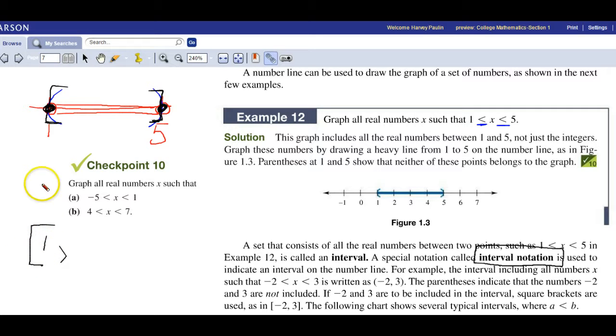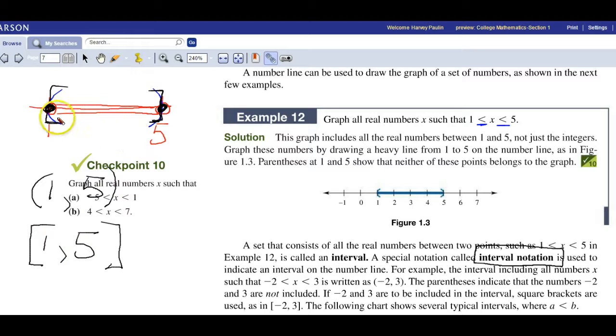If it wasn't included, we would have put a parenthesis there. You put a comma, and it's going up to 5. And again, if it's not included, you'd put a parenthesis. But if it is included, you would put a bracket. So there's the graph of both of them, and there's interval notation.